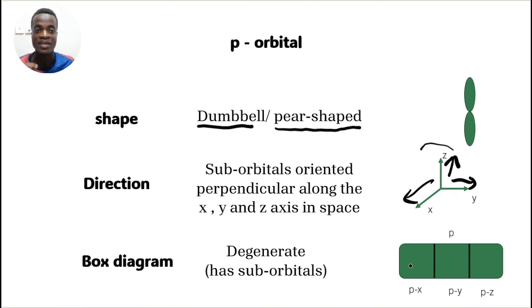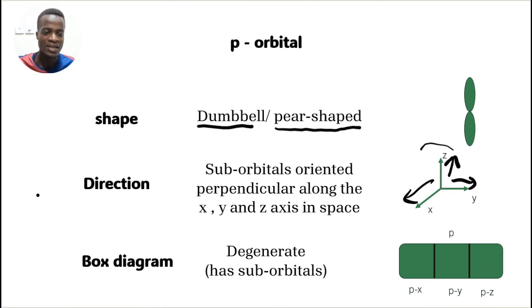The first one is px, along the x direction, right? Because we're talking about the direction. So the px, the py along the y direction, and pz along the z direction. That's why we have these three: px, py, pz. That works, right? So this is a degenerate orbital, meaning it's an orbital that has further division within it. So that's basically what you need to get.